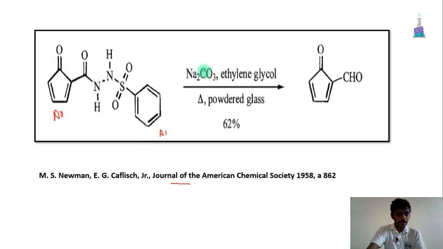The base will abstract this proton and this bond will move over here and the nitrogen and this group will be removed and the nitrogen will eliminate, forming this carbanion intermediate. Here the negative charge will be present. After the acidic workup, the aldehyde is obtained.